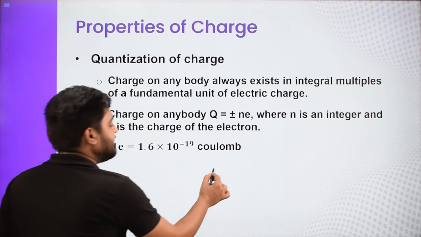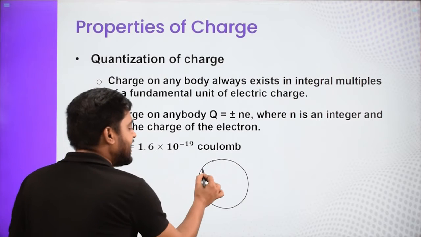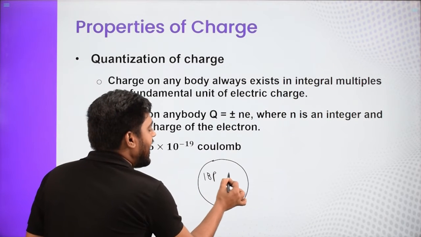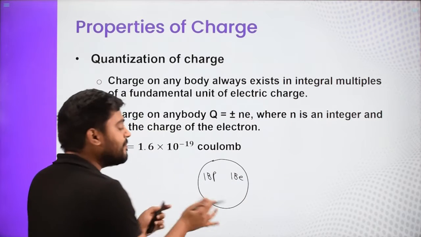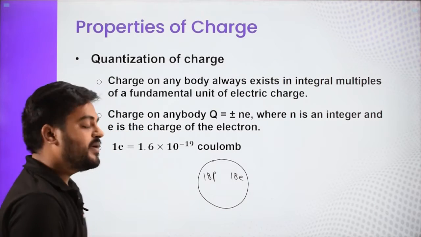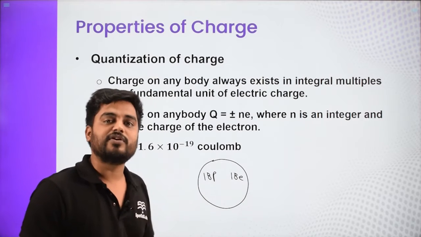Now, let us discuss this. If this is an object and suppose there are 18 protons and 18 electrons, the number of neutrons really does not matter because they are neutral in nature, so we are not going to discuss them.